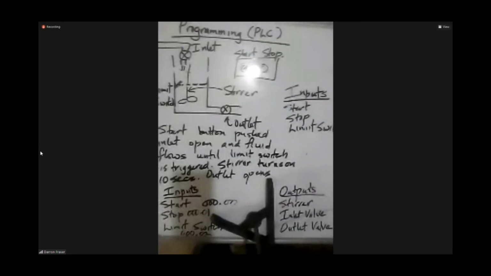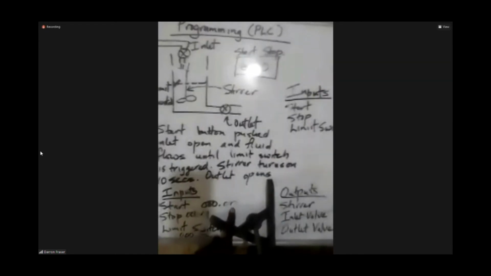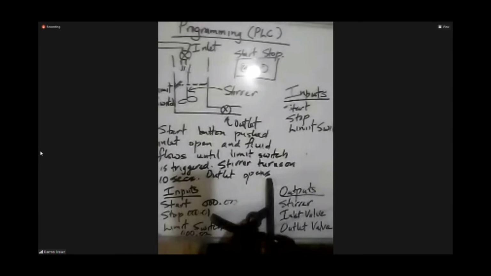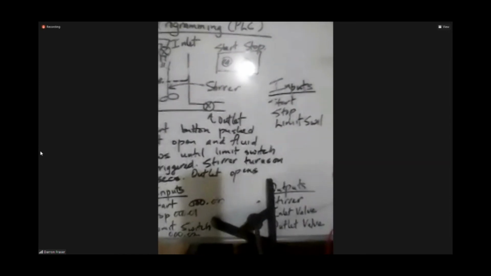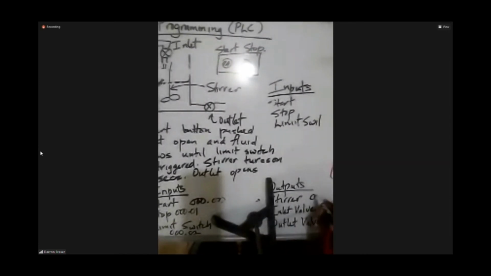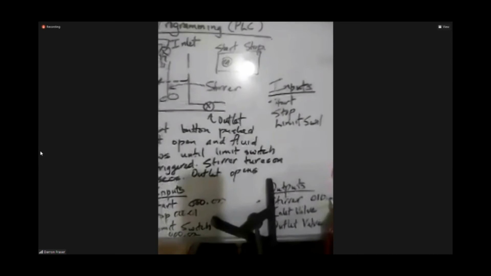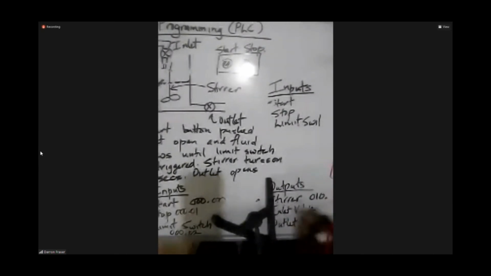So we say 0, 0, 0 indicates to the processor that it is an input, and 0, 0 is the address for the input. All right, output. For the output, we put 0, 1, 0. That indicates that it is an output. And again, for each individual slot, we're going to connect the stirrer.